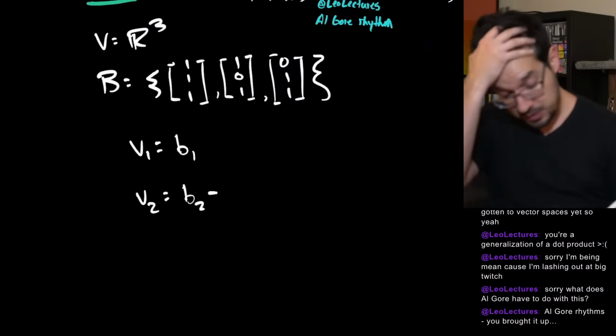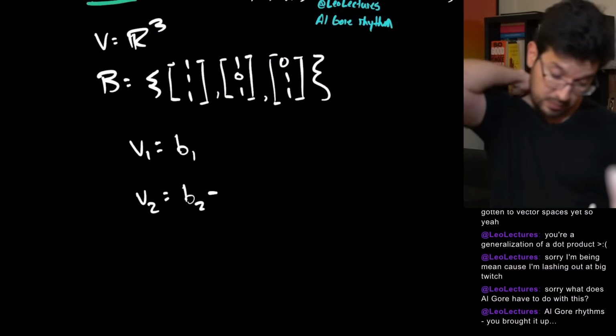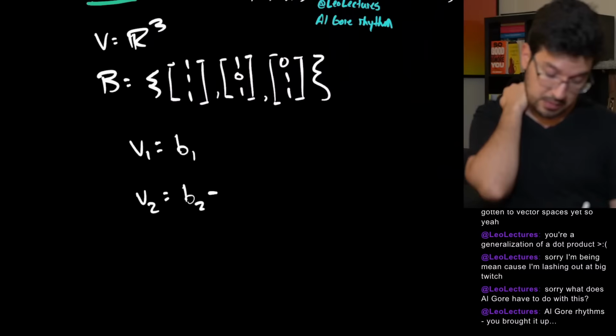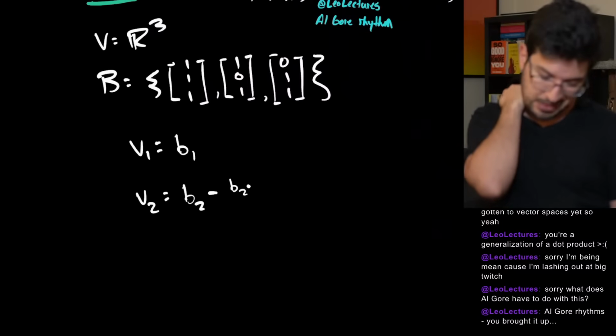How does this go again? B2 minus the projection of B2 onto V1?